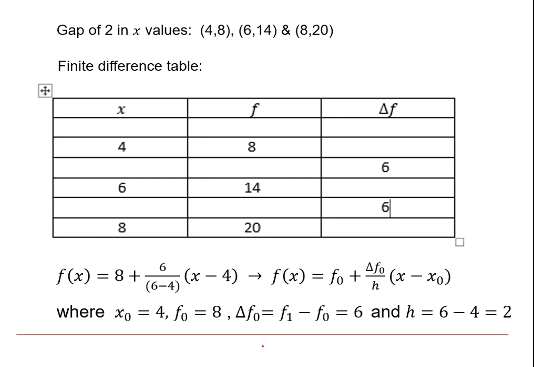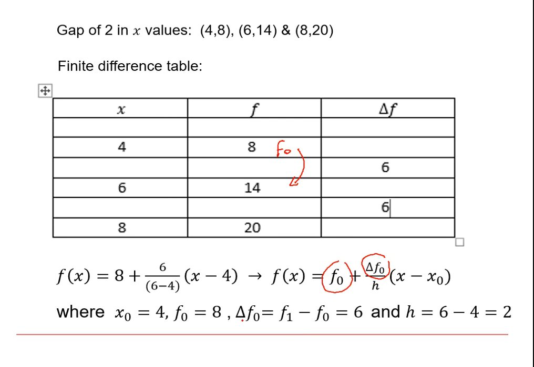And then we can extend this to the simple linear version of Newton's interpolating polynomial, where we've got f0 is our starting value for the function, and delta f0 is the increase in the function from f0 to f1.